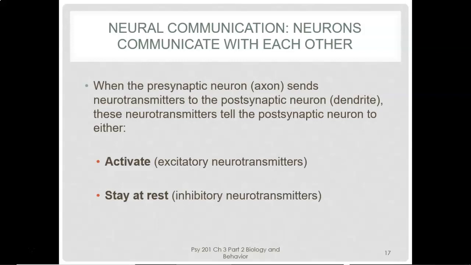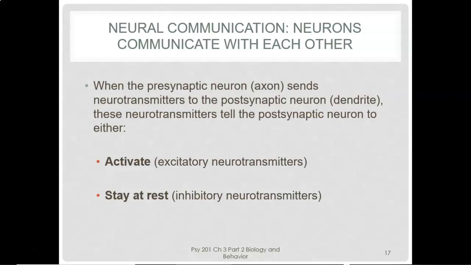So, when the presynaptic neuron, the axon terminal, sends neurotransmitters into the postsynaptic neuron, received by the dendrite, these neurotransmitters tell the postsynaptic neuron to either activate, and then it will engage in synaptic transmission, or to stay at rest. And so the neuron just stays in its resting potential.